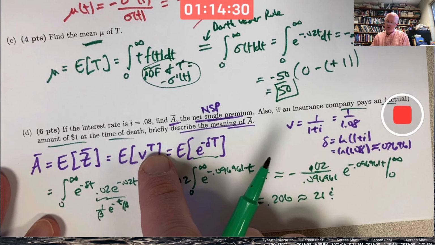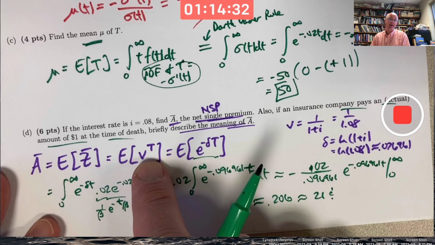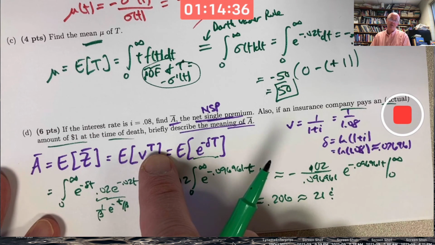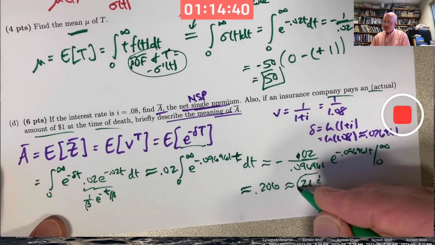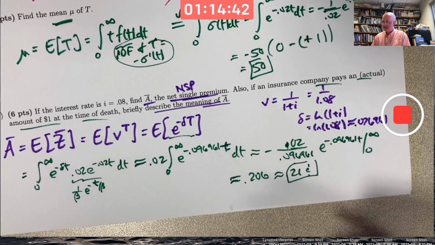It's worth less now. We're trying to find the expected value of that over many t's, so to speak, over many, many people who buy this insurance policy. That's what it represents. It represents the average expected value of a $1 payment at time of death for all your clients, for your insurance company.